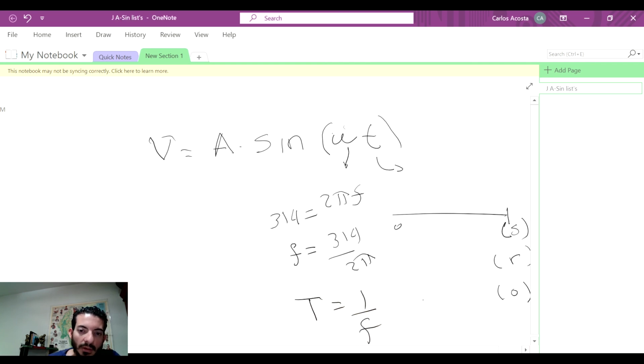Okay, so 314 divided by 2 pi, we did that before, that gives us 49.97 or 50 hertz. And 1 divided by 49.97, we did that, gives us 0.02. So f equals 50 hertz, and the period is equal to 20 milliseconds. Okay, simple stuff.